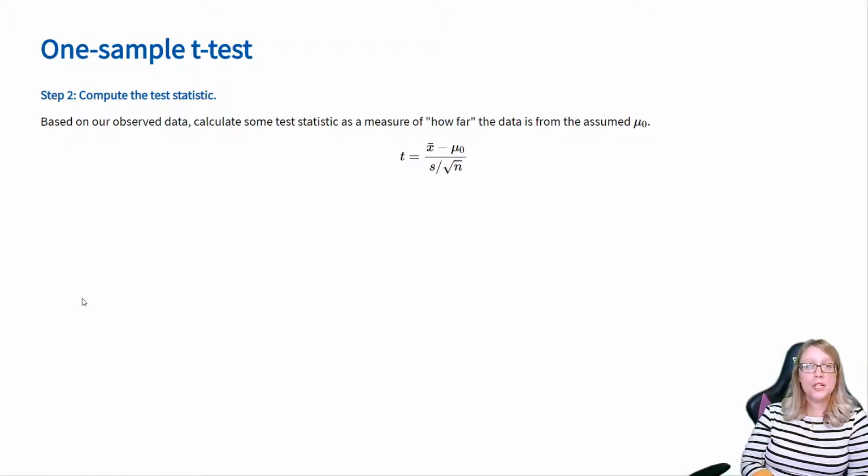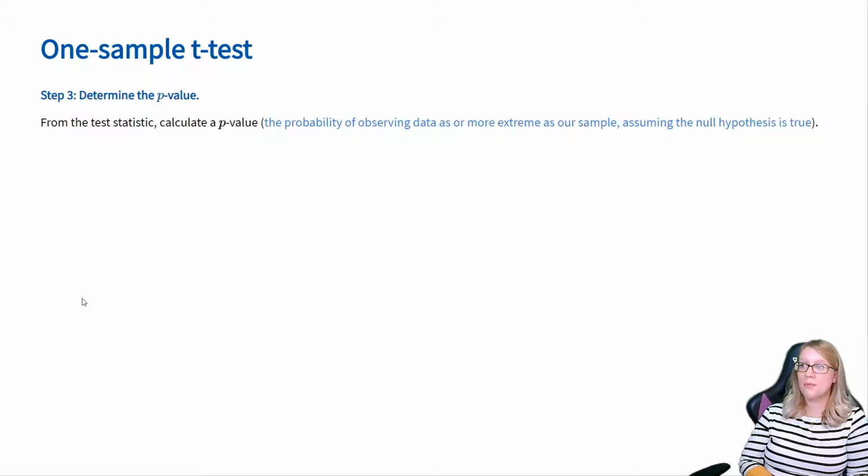Step 2 is to compute the test statistic. Based on our observed data, we come up with some test statistic as a measure of how far the data truly is from the assumed population mean. So we calculate a t-statistic in this case, x bar minus mu0 divided by s over the square root of n.